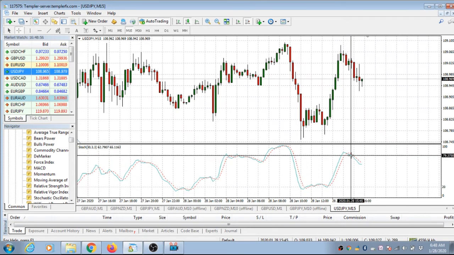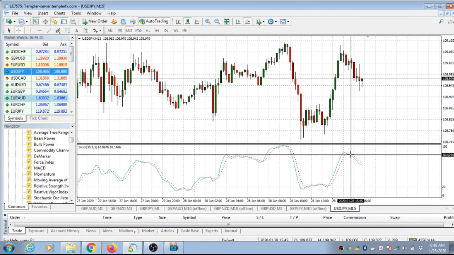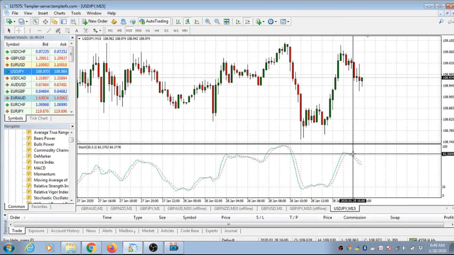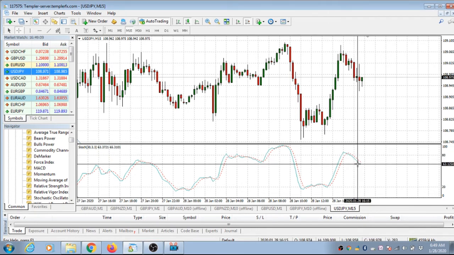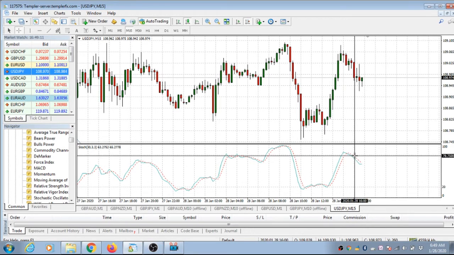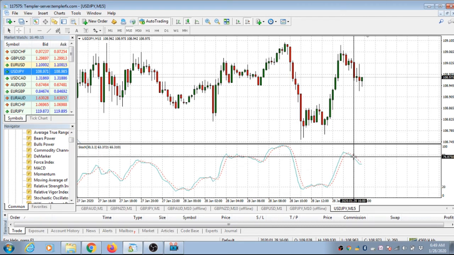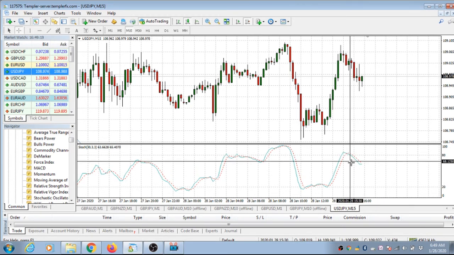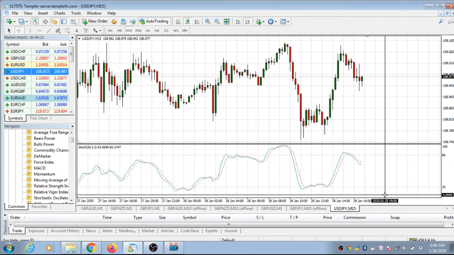At this point you can see the overlapping, or the intersection, where the red dotted line is on top of the blue line. It means the sellers are more powerful than the buyers. In other words, this is the bearish trend, so this is an opportunity for you to sell at this point. You can continue to sell.